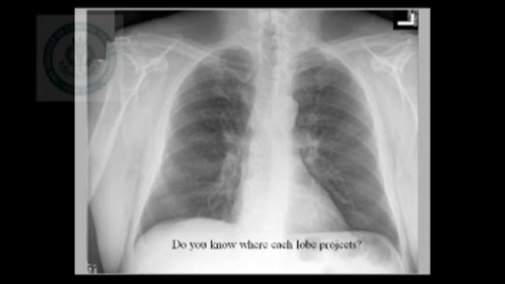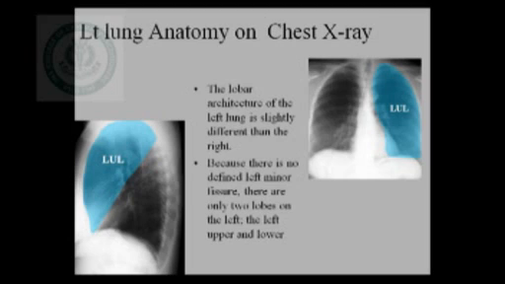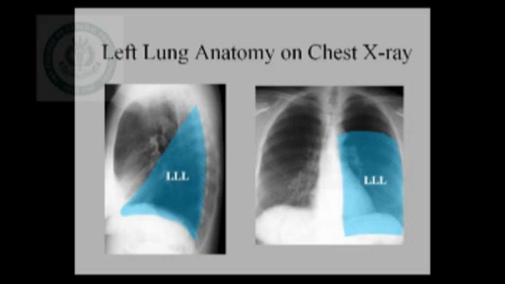If you see in an AP projection, there is a considerable overlap of the left lower lobe over the left upper lobe. This is predominantly the lingular segment which is overlapping with the left lower lobe. So, when identifying the pathologies of the left lower lobe, you should be careful and use a sign called the silhouette sign, which I will be discussing later on, to detect the location of the pathology.